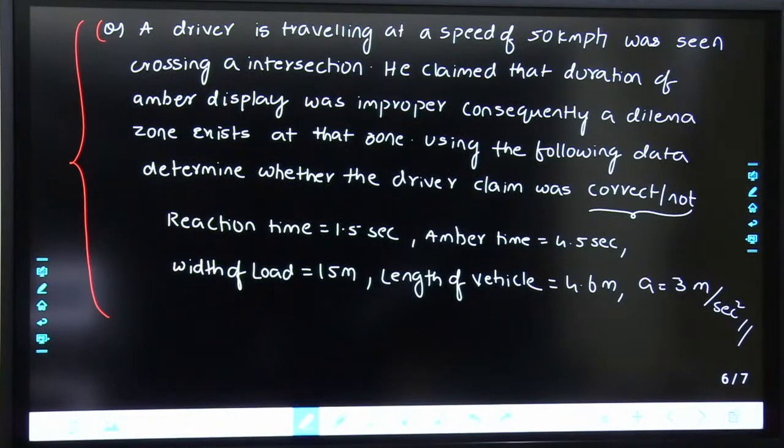Speed of the vehicle, a driver is traveling at a speed of 50 kilometers per hour, and there are 4 dislikes now. Wow, why are people disliking me suddenly?